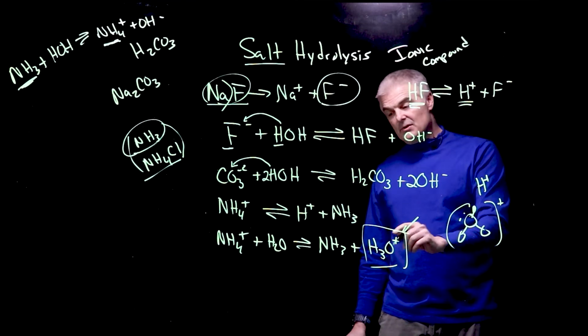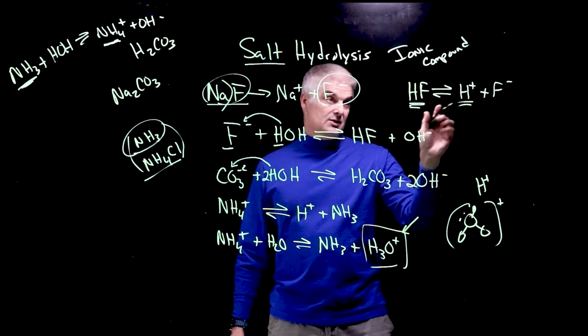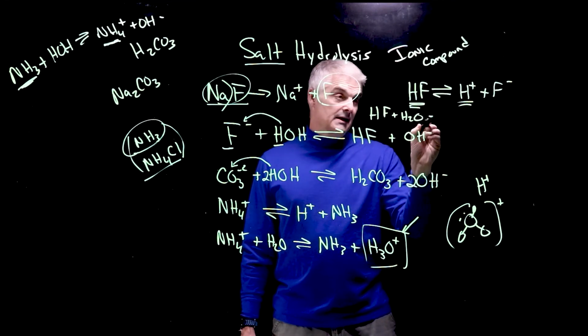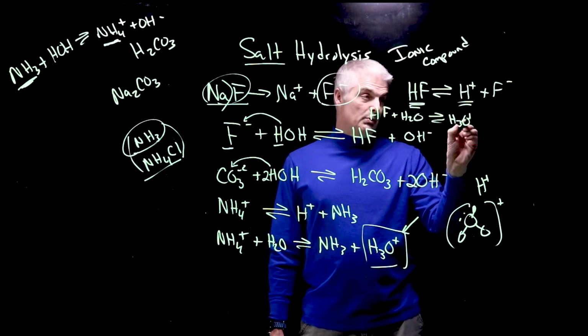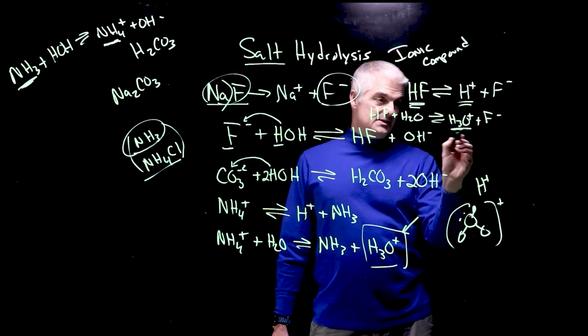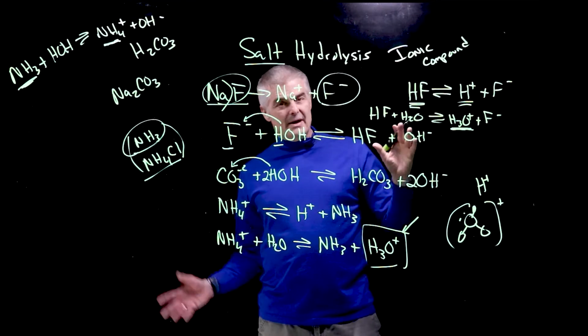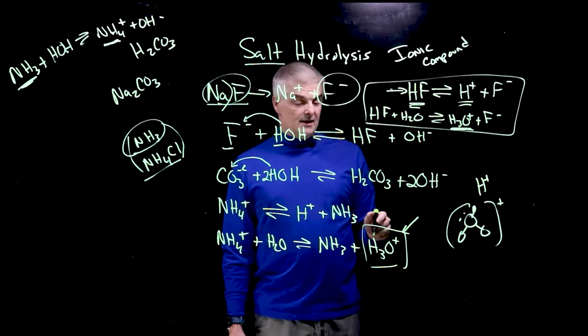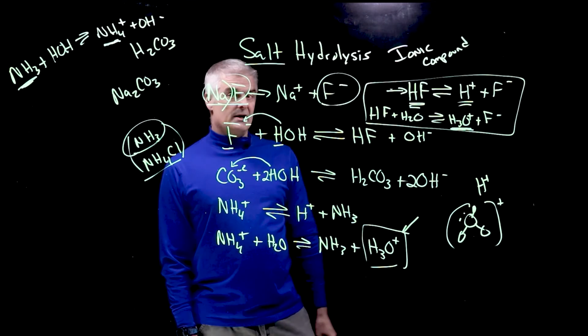But that's the most accurate way to do this. If we were to do this with the HF, we'd say HF plus water makes H3O positive plus F negative. This is the acid piece. But for the math, this equation is a lot easier to write. And that's called the hydronium ion.